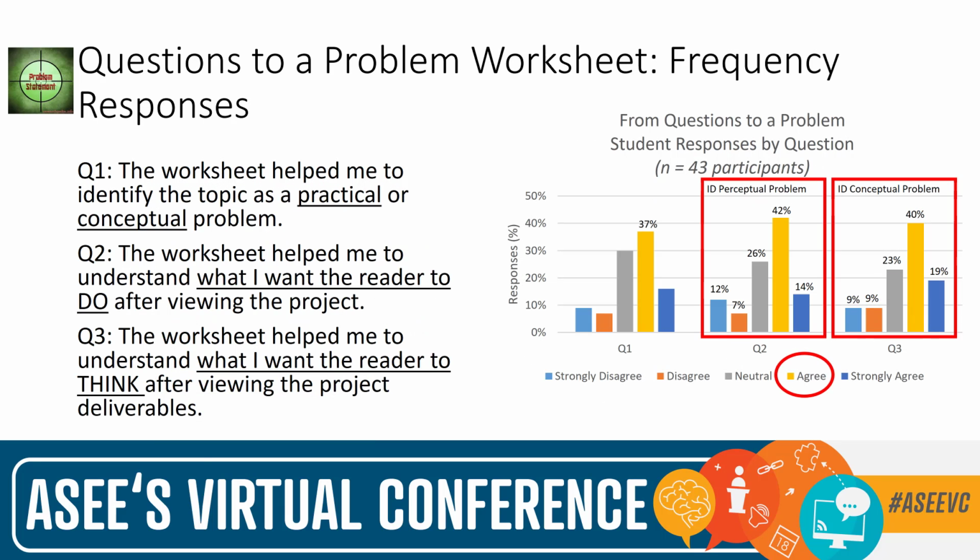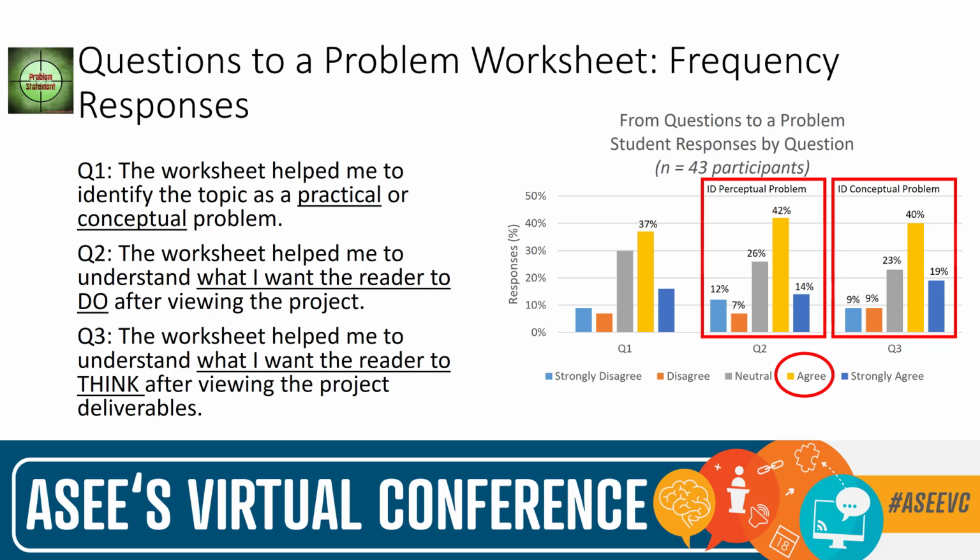Evaluation of frequency responses for each question shows, although the mean value for question 2 is 3.29, corresponding to an overall neutral response on the Likert scale, frequency responses for question 2 show a combined 56% of responses were either agree or strongly agree, which is greater than the combined 45% that were either strongly disagree, or neutral.